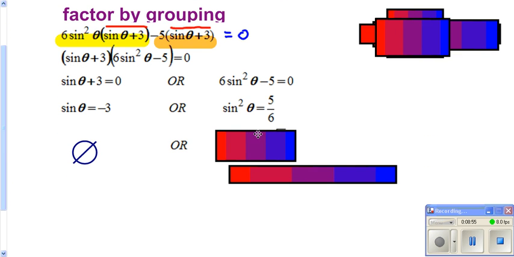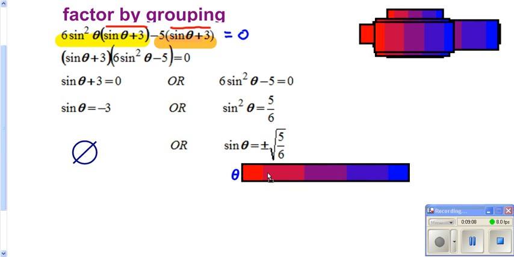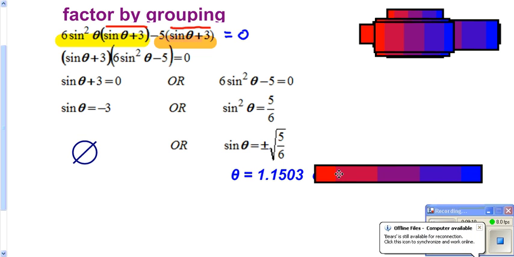Then you want to go ahead and take your square root. Now that's not one you're supposed to have memorized off the top of your head. So you just go ahead and type that into your calculator. Into your calculator you would type sine inverse of root 5 over 6, and that would give you the first one that we have here.